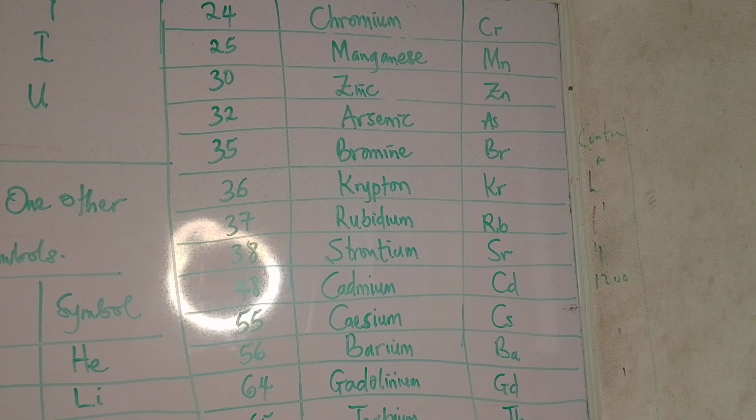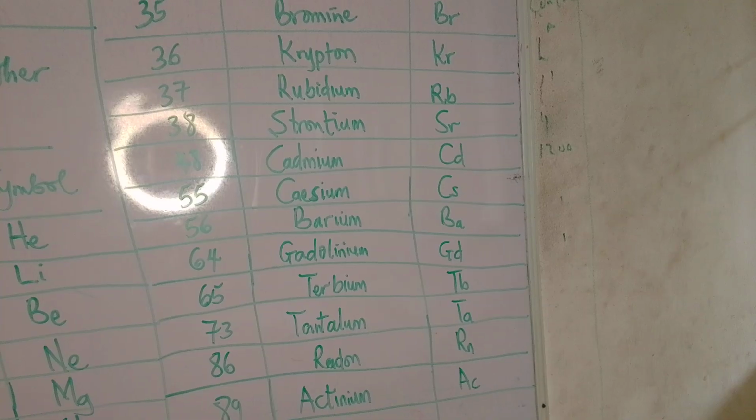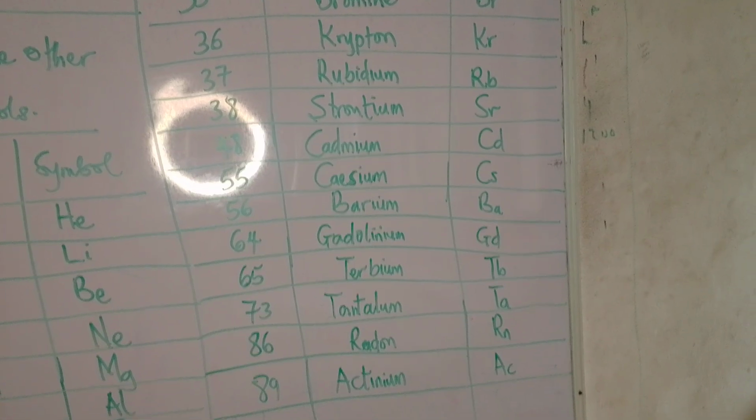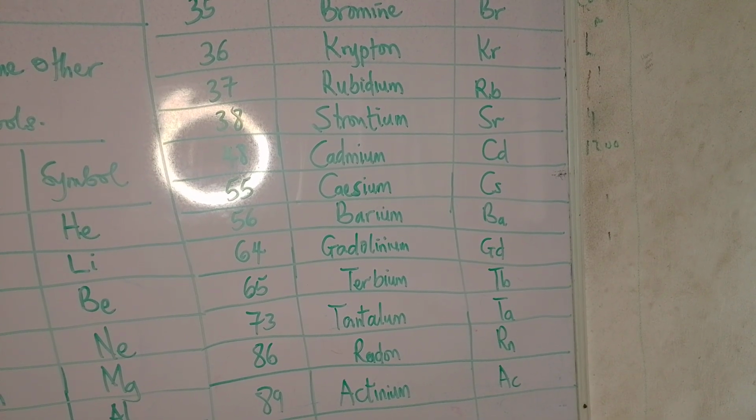So these are elements and the atomic number with symbol. That's the proper way to write it. So I think you can move forward from there and look at the last batch.